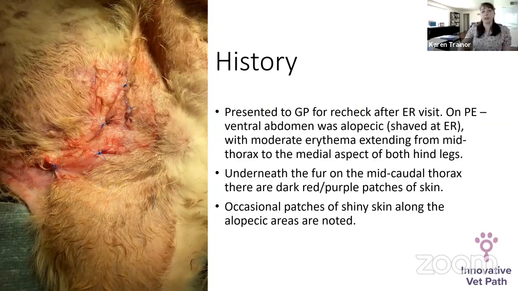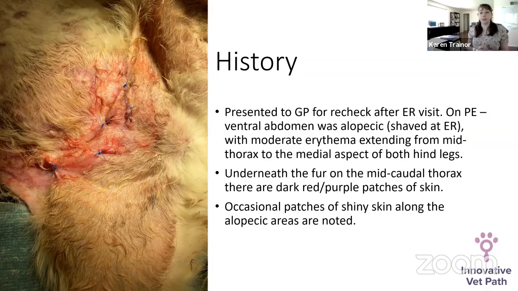After that, he presented to his general practitioner for a recheck after that ER visit. And on physical exam, the GP found that the ventral abdomen was still alopecic, although they noted that the cat was shaved while at the ER, and that there was moderate erythema extending all the way from the mid-thorax to the medial aspect of both hind limbs.